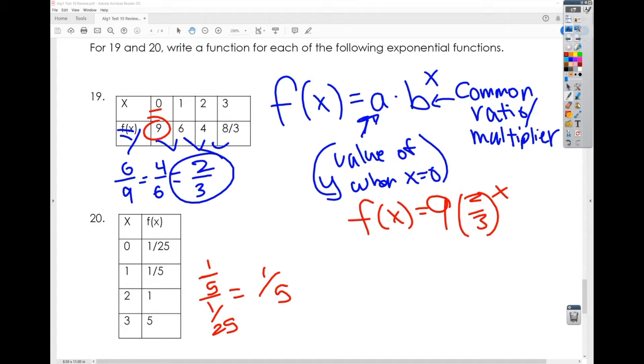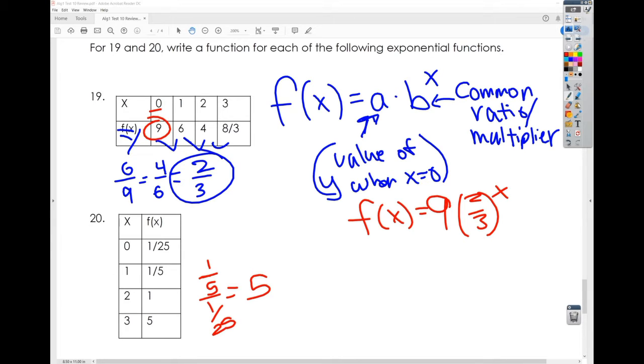I'm sorry, I did that wrong. That ratio is actually just 5. 1 divided by 1/5 would be 5, and 5 divided by 1 would also be 5.